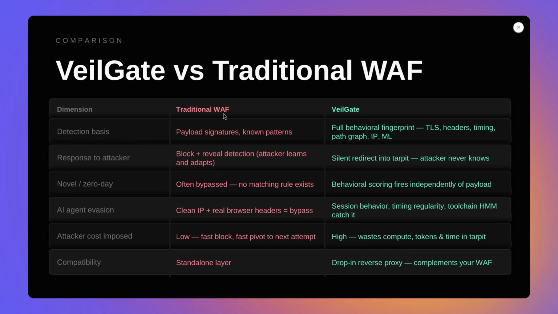In VeilGate, it will silently redirect you into honeypots and deceive you on those paths whenever you are sending some malicious request. Zero days are always bypassed, and if there are novel vulnerabilities, those can be bypassed in the WAF. But in the gate, you will be scored according to your behavior.